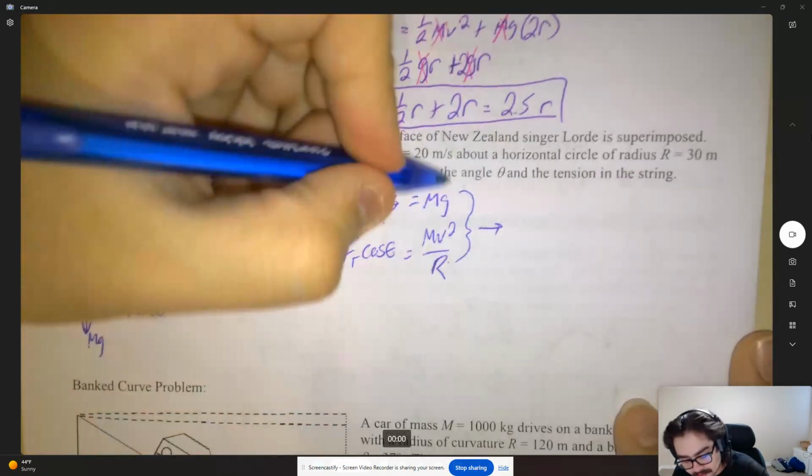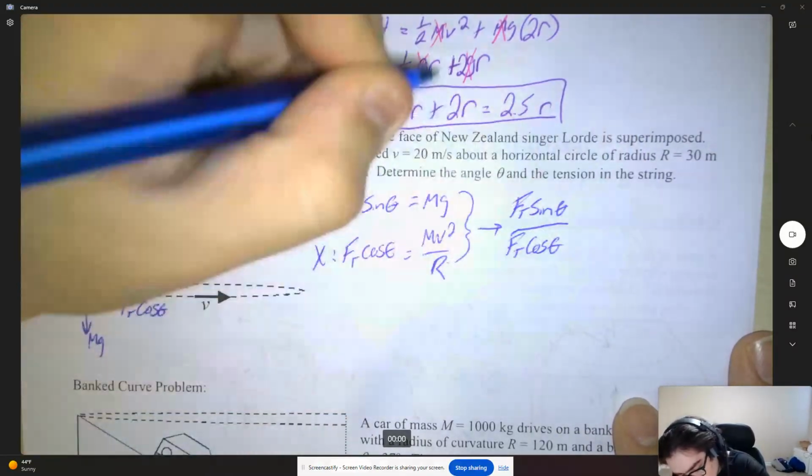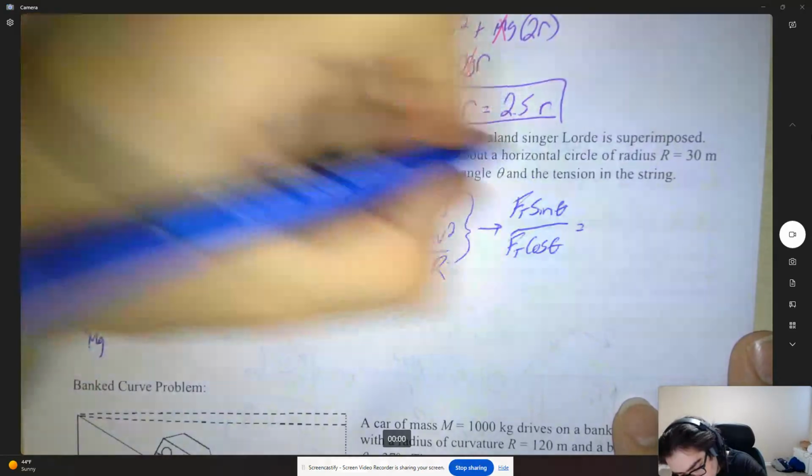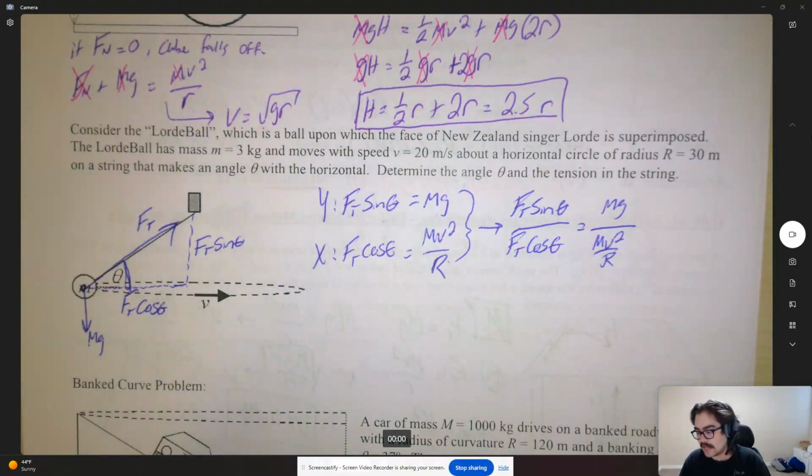So I will do Ft sine theta over Ft cosine theta and set that equal to mg over mv squared over R. You're going to notice a lot of things happen here.